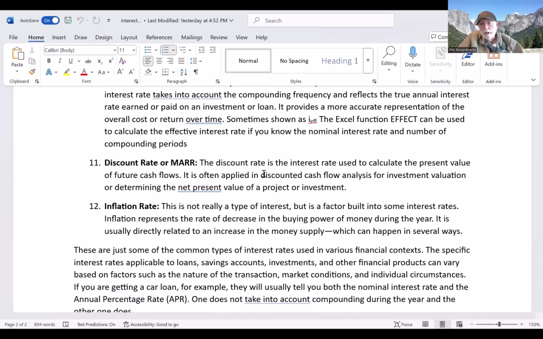It happens because of increases in the money supply and a few other things. In other words, if more money is injected into the money supply, it dilutes the value and the buying power of all the rest of the dollars. So when the government cranks up the printing press and injects more money into the money supply, inflation happens.